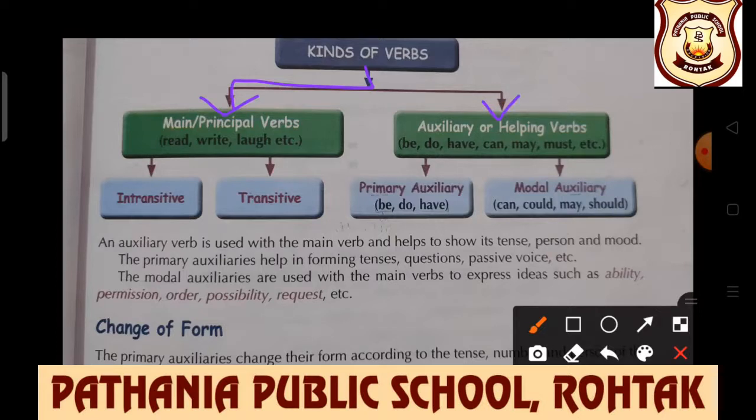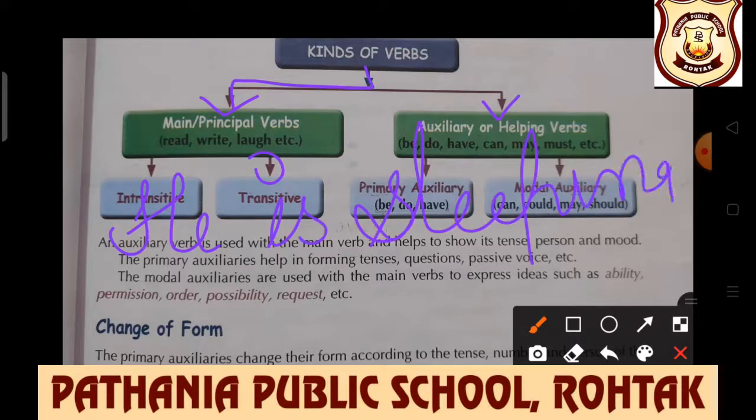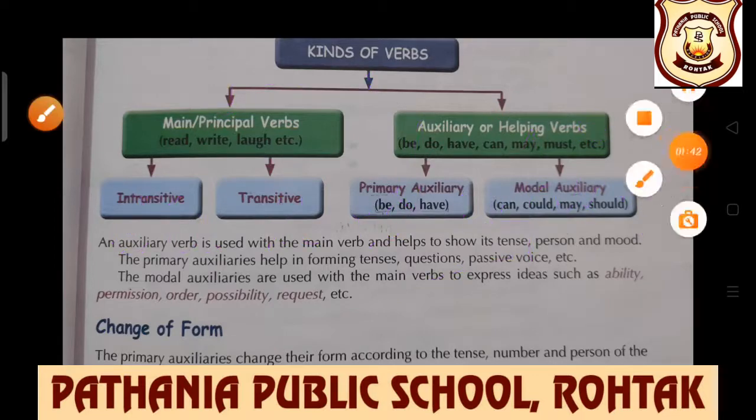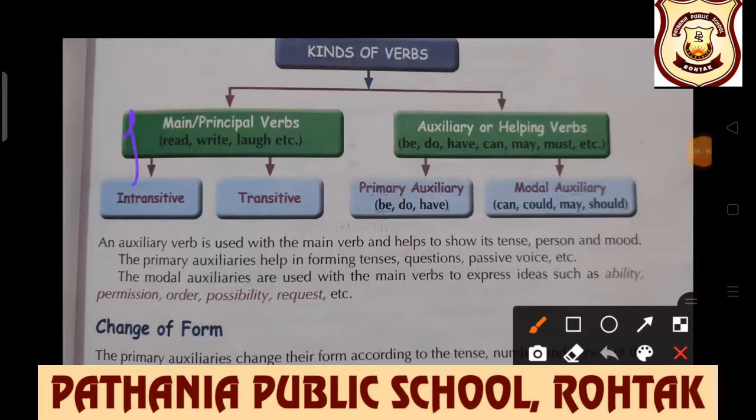Here, children, look at the example written on the screen. He is sleeping. Which action is he performing? That is sleeping. So, sleeping is the main verb and is is the helping verb.